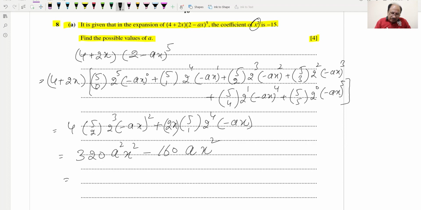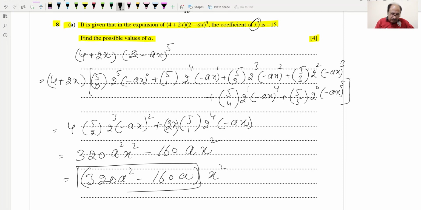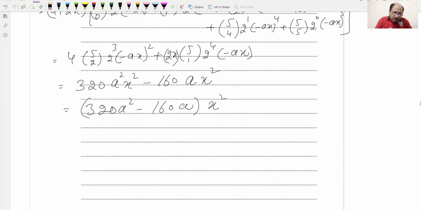Now we can take x squared as common, and basically this will be 320a squared minus 160a, this one x squared, and the coefficient of x squared will be only this portion, so we'll take only this coefficient, and that will be 320a squared minus 160a.